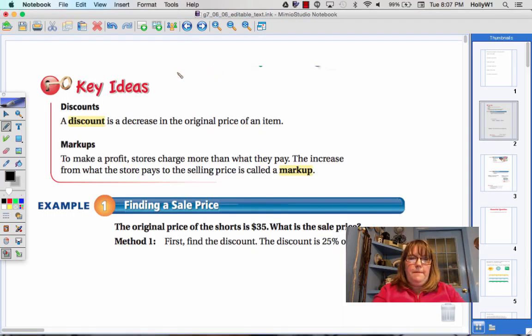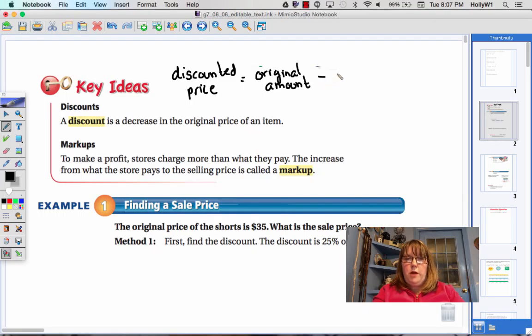So discount, I'm going to give you a formula for this. I'm going to explain a little bit more in a moment, but the discounted price is equal to the original amount minus, because we're subtracting, the original amount times the percent off, or the discount.